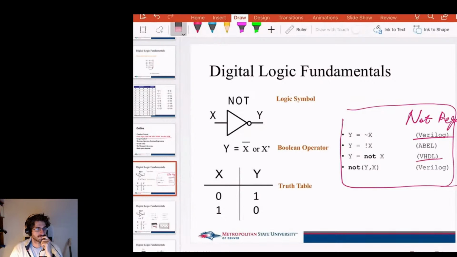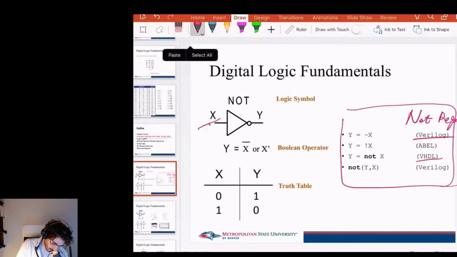So if we want the opposite of the input information, suppose the input X is 0, then the output Y will be 1. So it is the opposite. The output is the opposite of the input. That's why it is called NOT. This is the basic idea about the NOT logic.